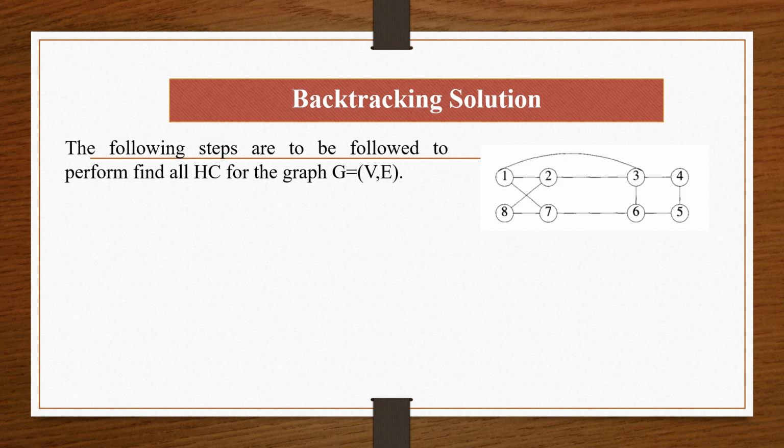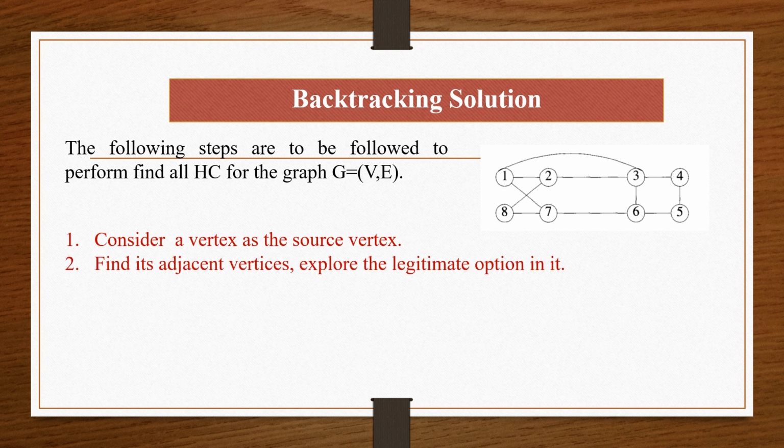Here are the steps to be followed to find whether a Hamiltonian circuit for the graph exists or not. The first step is to consider a vertex as the source vertex, which can be any of the given vertices. The next step is to find its adjacent vertices and explore the legitimate options in it.